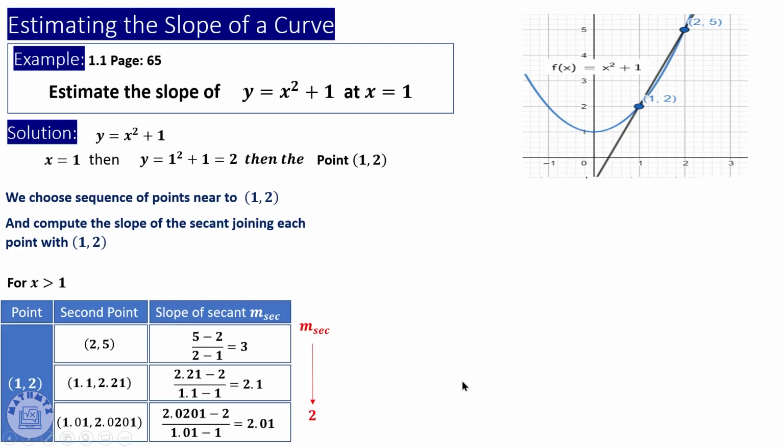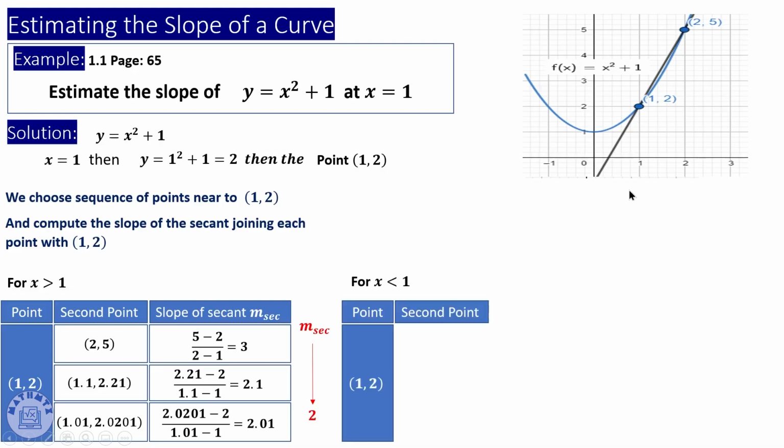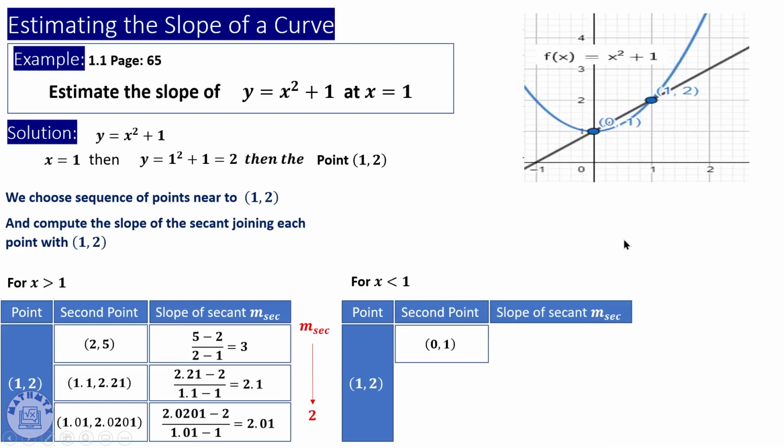Now we will do the same thing from the left side, and we'll start with a point to the left of 1. Let's start with 0. So between (1, 2) and (0, 1), we can find the slope of the secant line, y2 minus y1 over x2 minus x1, and this will be 1. And now we will get closer to the point (1, 2).